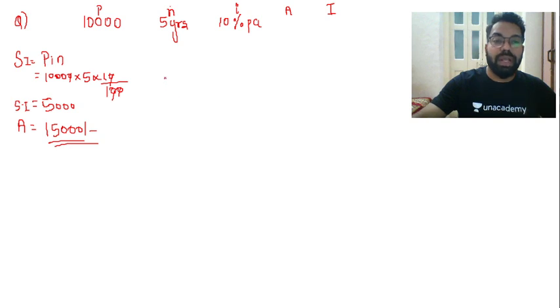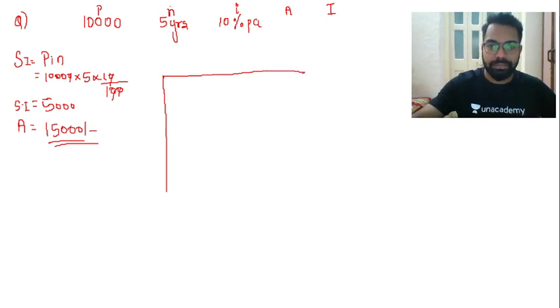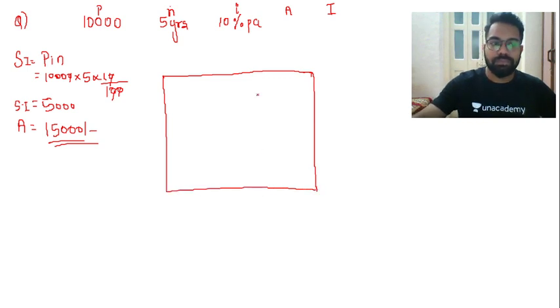We also looked at the tabular form of how simple interest is calculated. This is your principal, this is your rate of interest, this is your interest amount, and this is the final amount. So we looked at this table for calculation of simple interest.